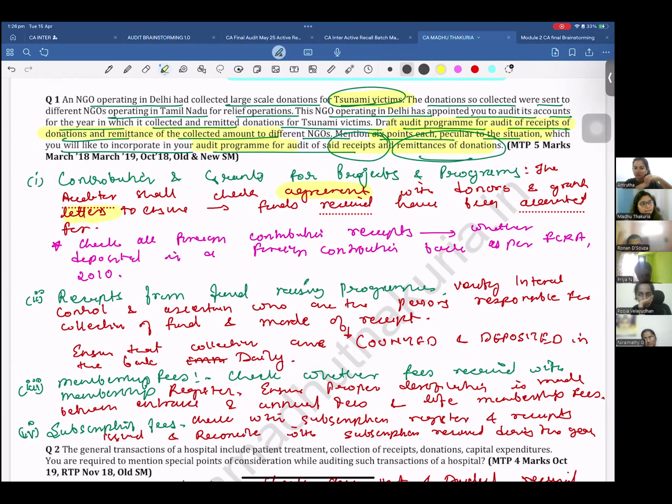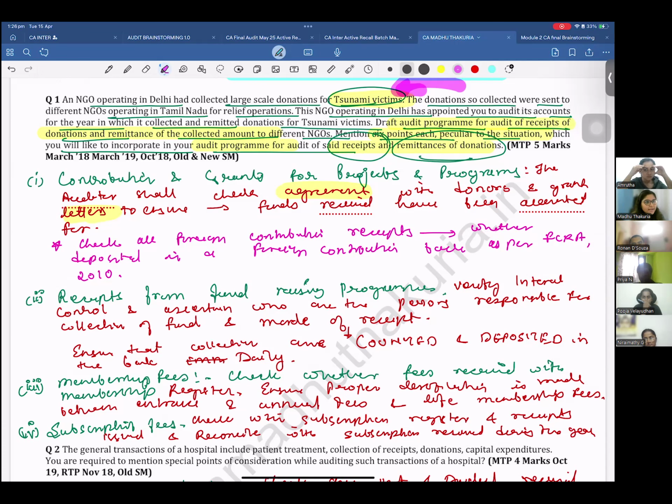Sometimes when you read a question like this, you think that this is only talking about receipts related to the tsunami donation. So you might end up writing a lot about tsunami related donation receipts during those situations. Sometimes students do that.